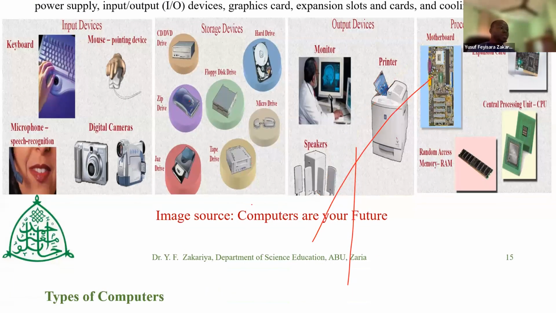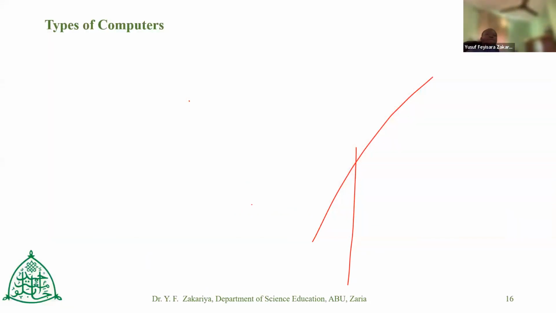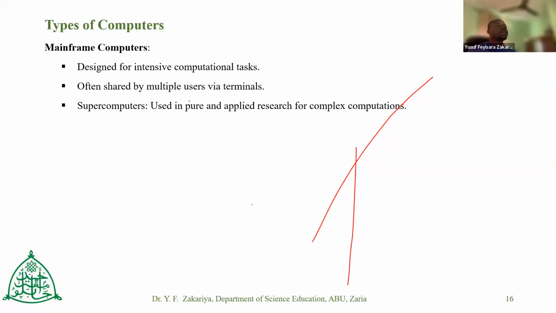Okay. Now again, we're pausing a little bit, and then we move to the next section on types of computers. What are the different types of computers you can think of? So we have the mainframe computers. Actually, we used to say this anyway, but maybe we can come across it as time goes on in this class, in this course.